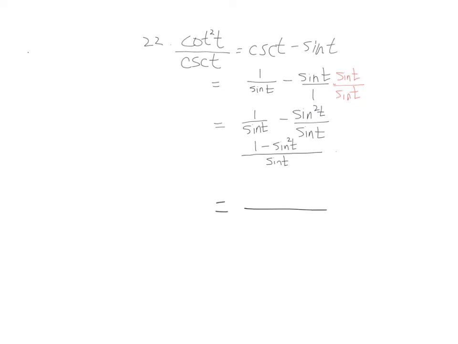Well, I want to get to cotangent squared over cosecant. Well, first off, 1 minus sine squared, I know to be cosine squared. So this is getting me much closer to where I want to go.